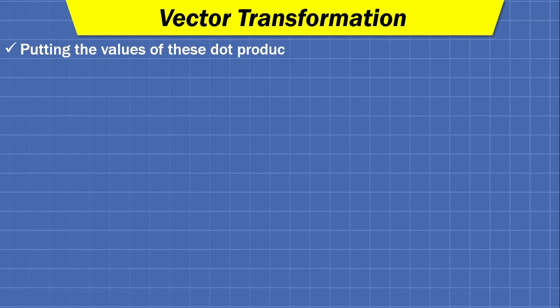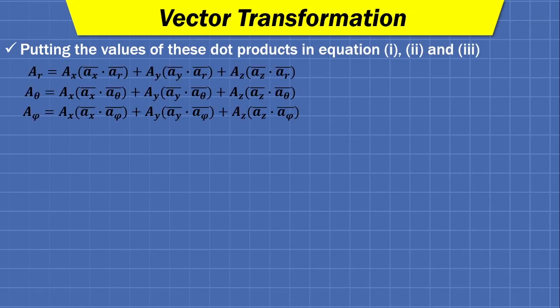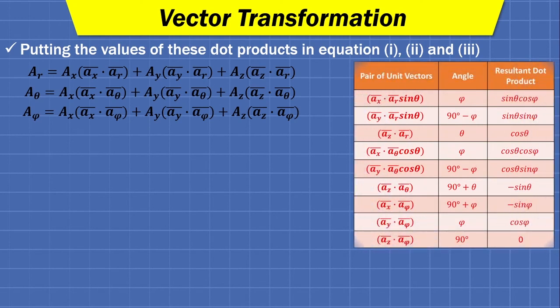Moving further, putting the values of these dot products in equations 1, 2 and 3, which we marked at the start of this lecture. These are the values of the 9 dot products that we have just seen. Putting these values, the r coordinate of point A will be A_x sin theta cos phi plus A_y sin theta sin phi plus A_z cos theta.